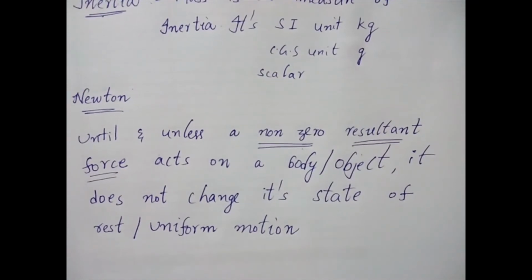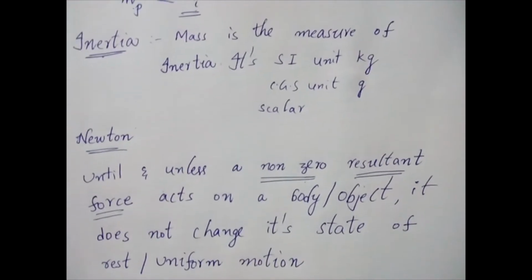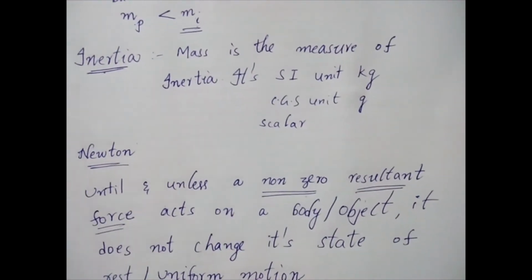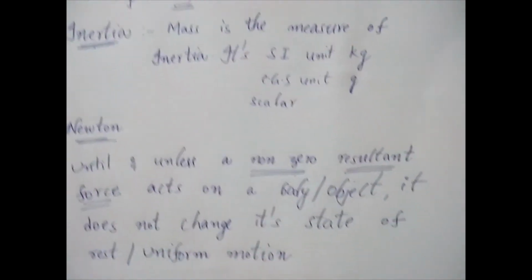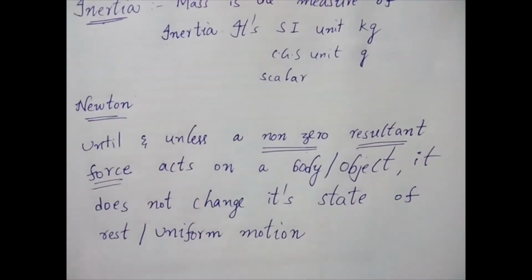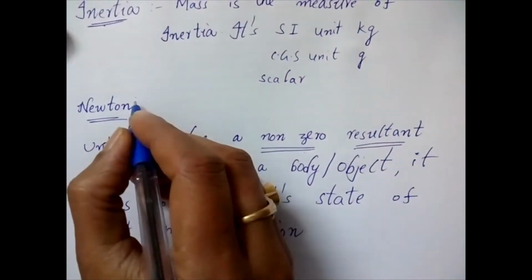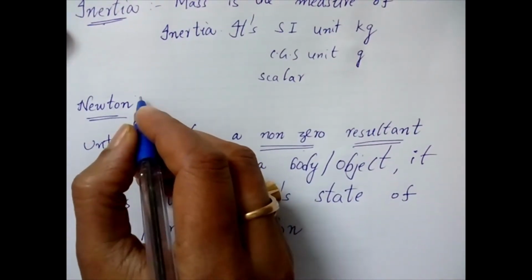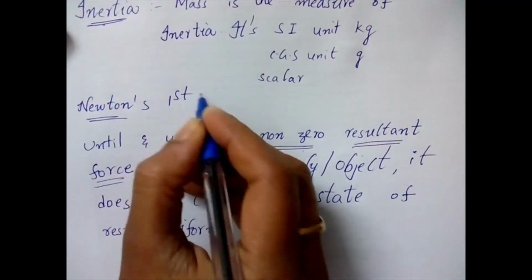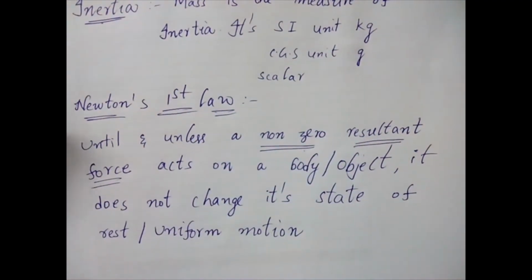In both of them acceleration is equal to 0. When will there be acceleration equal to 0? Whenever there is force 0. Understood? If there is no force, there is no acceleration. This is the law given by Newton, and this is Newton's first law. I hope all of you understood.